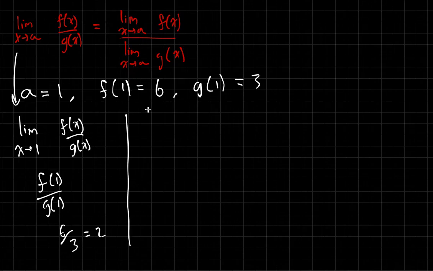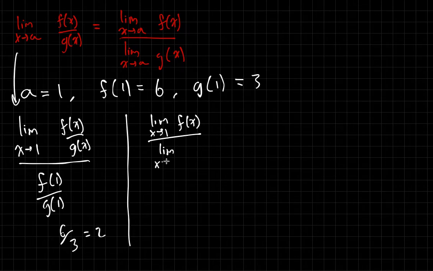Now, using the property, we're separating this into two limits. So we would rewrite this right here as the limit as x approaches 1 for f of x over the limit as x approaches 1 for g of x. And what will that give us?